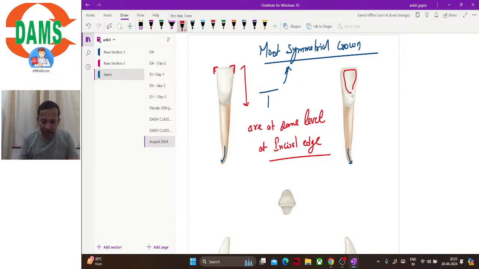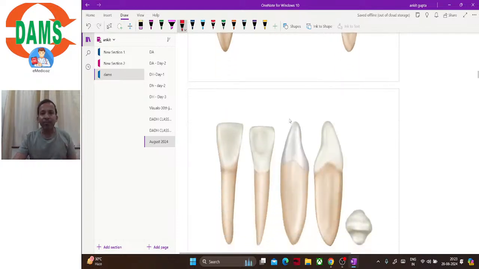Also, you would notice same as maxillary anteriors, this tooth also has a lingual fossa and a cingulum, but the lingual fossa and cingulum of the central incisor, as compared to that of the mandibular lateral incisor, is shallow, right? So the lingual fossa of the mandibular lateral incisor is more prominent as compared to this mandibular central incisor.